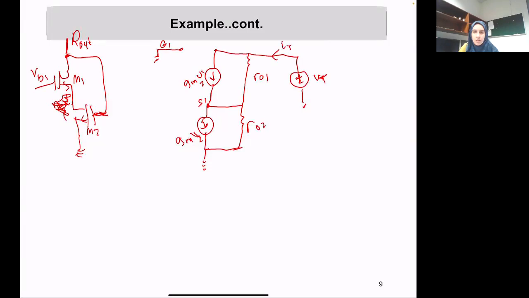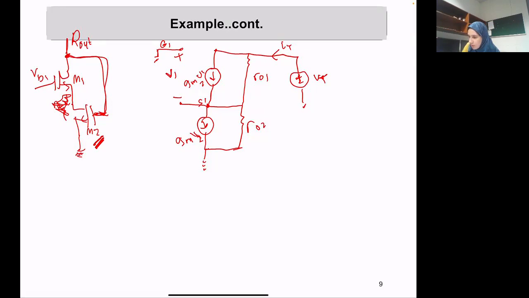Now let's identify where the current source is. It's basically defined between the gate and the source. V1 is defined here. Now, what about V2 for this transistor? The gate is connected to the drain of M1 and the source is grounded.